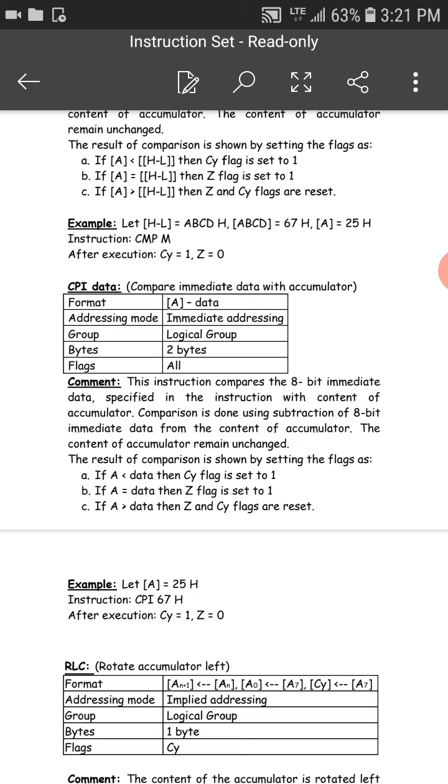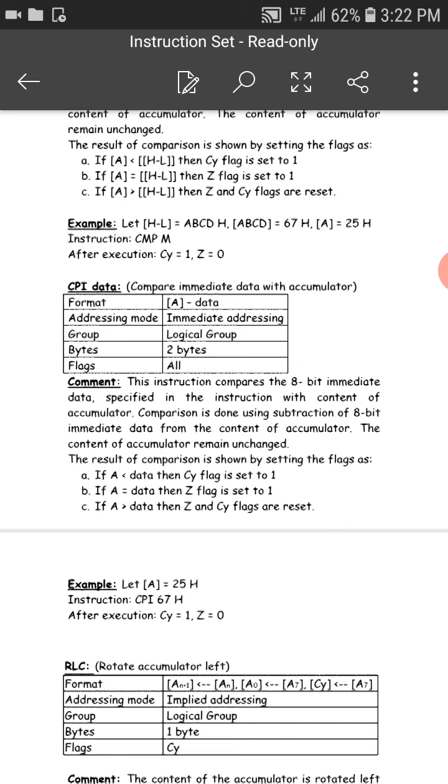If your accumulator content is less than HL, then the carry flag is set to 1, and if your accumulator content is equal to HL pair, then the Z flag is set to 1, and if your accumulator content is greater than HL pair, then the Z and CY flags are reset.